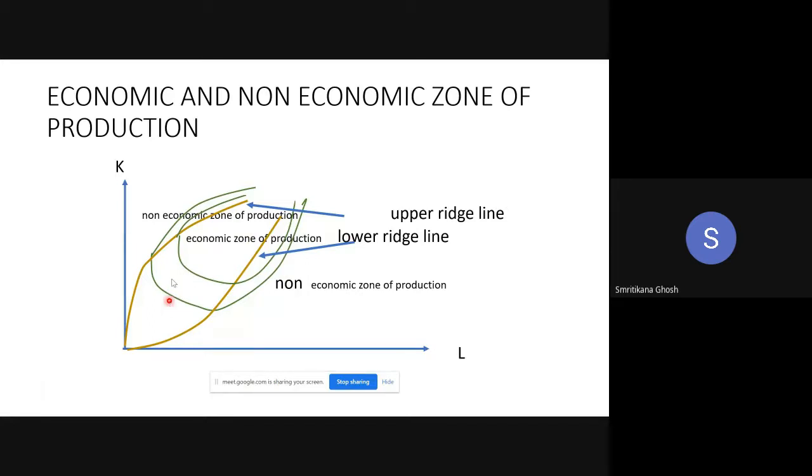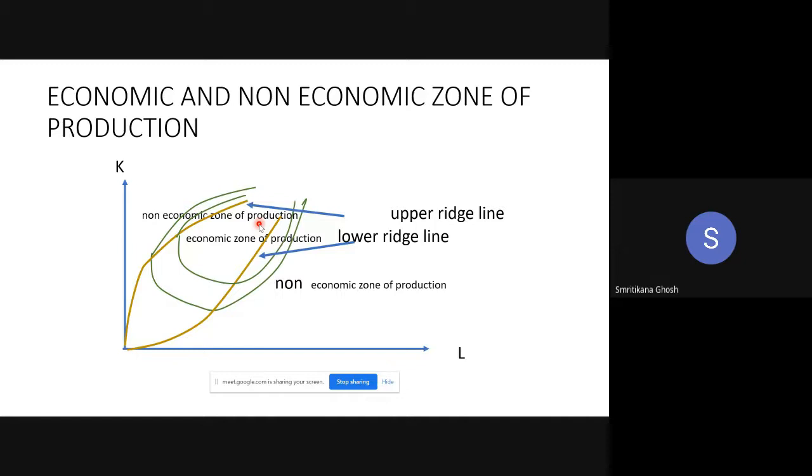So these two yellow lines are just dividing the area where producers are interested to produce and where they are not interested to produce. This is the importance of these two yellow lines. It is just dividing the area. It's just a fence type of thing. Producers are not interested to go beyond this fence.